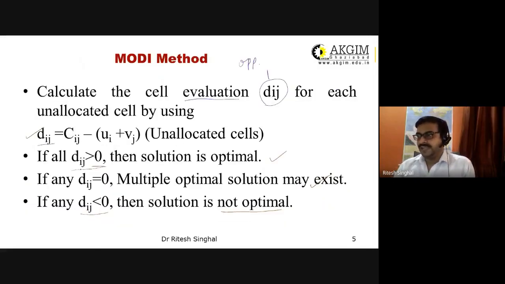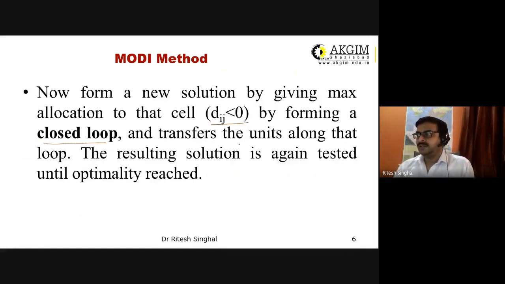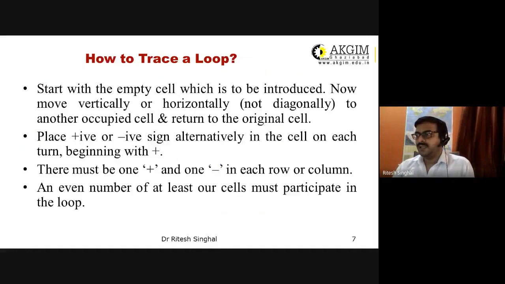So if all Dijs are non-negative, then it is optimal. If any Dij is negative, then this solution is not optimal, and we have to make it further optimal by tracing a loop using Modi's method, as we have done here. And this is written again over here, the same thing. After that, we have to trace a loop.